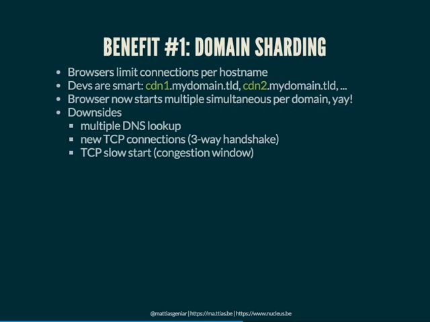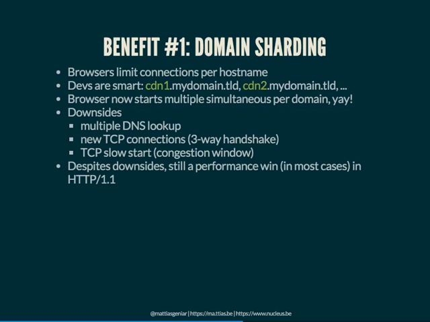And it just gradually cranks up and cranks up. It's just to find the bottleneck of the server, but clients are conservative in that matter and just try to take things slow. It's a bit like a first date. Now, despite those downsides, it was in most cases still beneficial to do this kind of domain sharding.